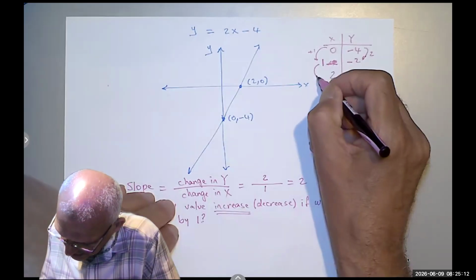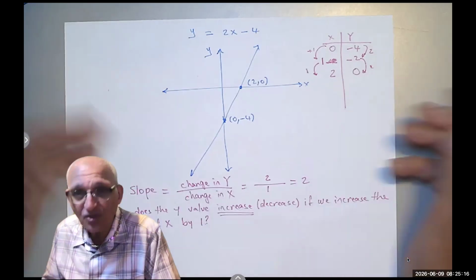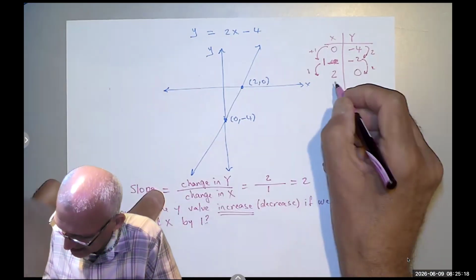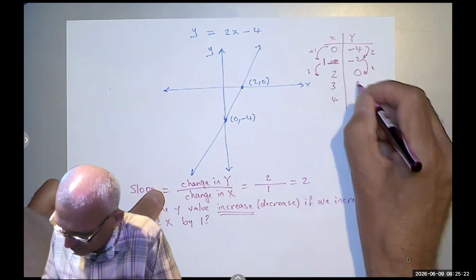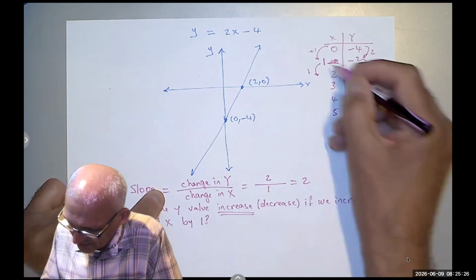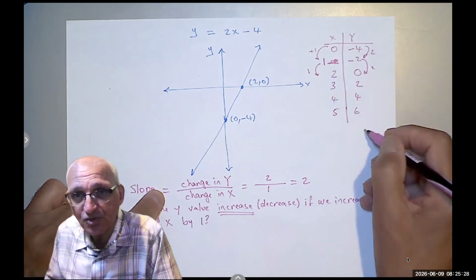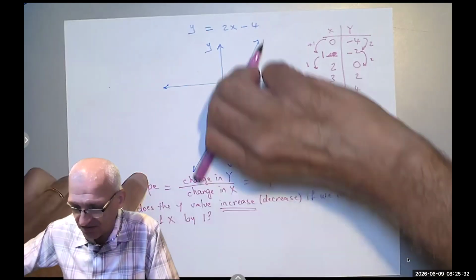Again, this increases by 1, this increases by 2. So if I make this 3, that would be 2. If I make it 4, it would be 4. If I make it 5, it would be 6. So every time I go by 1, this goes by 2. It's a constant increase because it's a straight line.